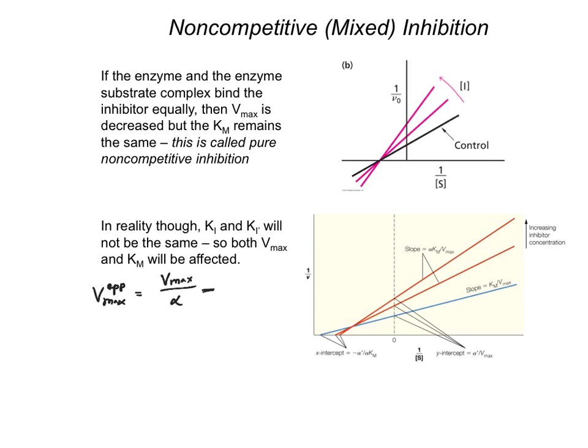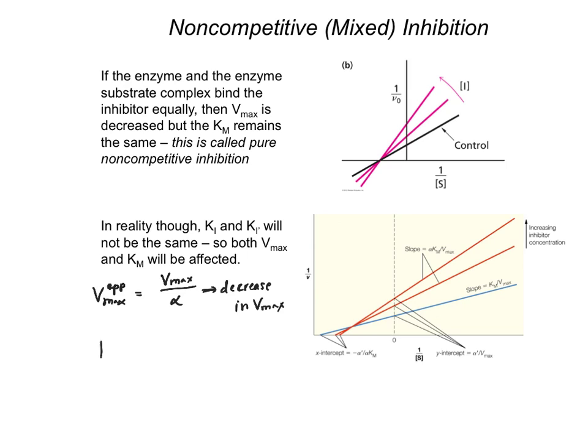So we're going to see a decrease in Vmax. Where else did we see this? What type of inhibition decreased Vmax? So uncompetitive inhibitors, we saw a decrease in Vmax.